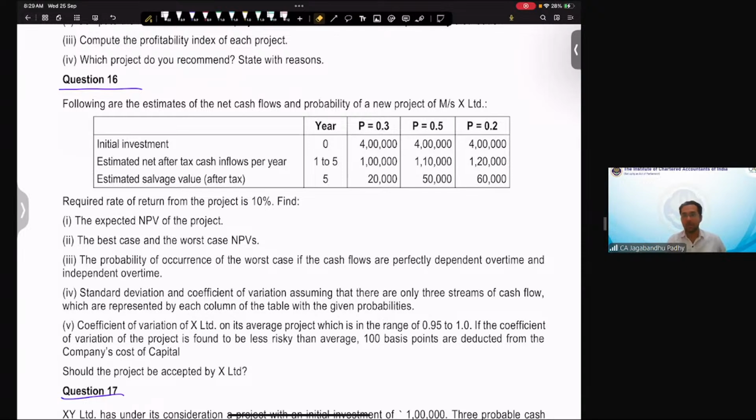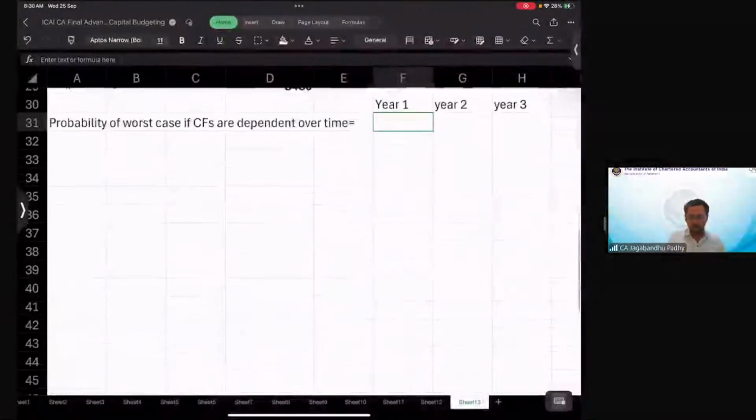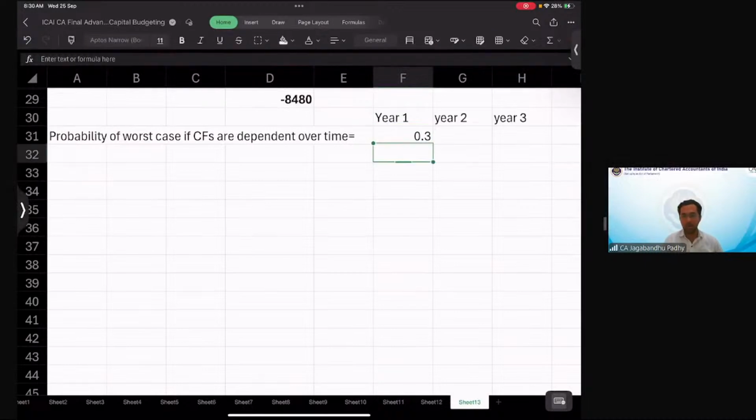Okay, yeah, guys. Tell me. What is the worst possibility? What's the probability that you're going to get very bad cash flows in the future? Can I say 0.3? So now, suppose in year 1, you have 0.3 that the cash flow has become worst.